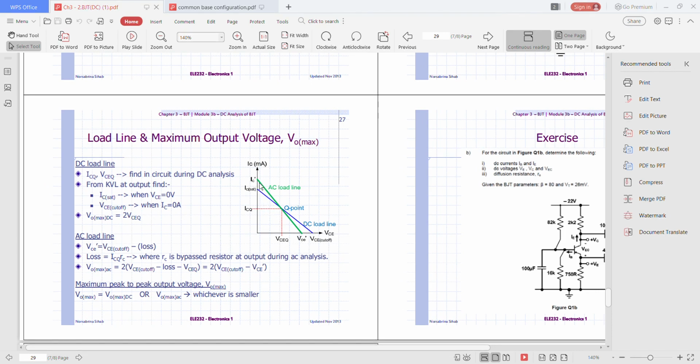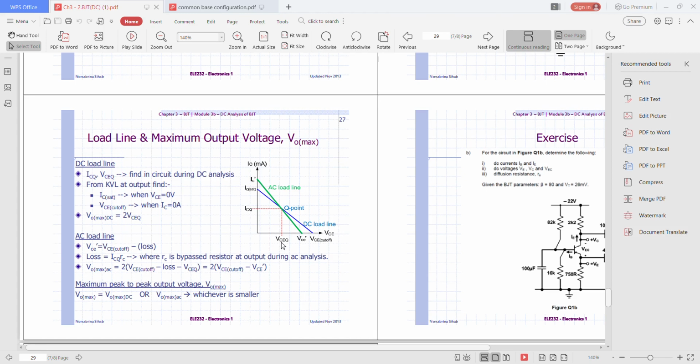So this is the DC load line over here, and this is the AC load line. For the DC load line, ICQ and VCEQ you can find in the circuit during DC analysis.